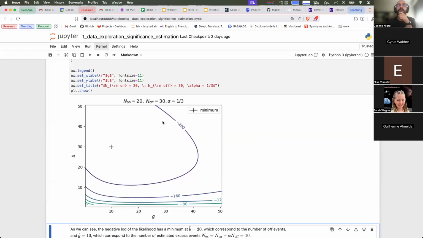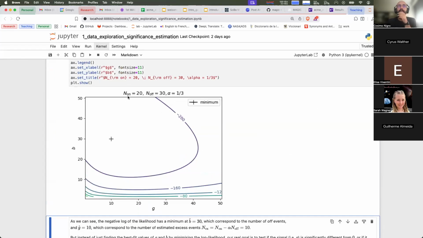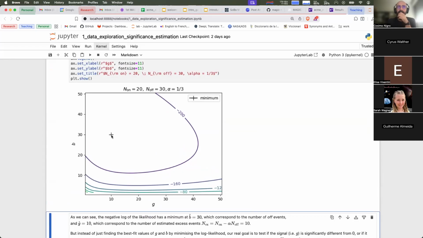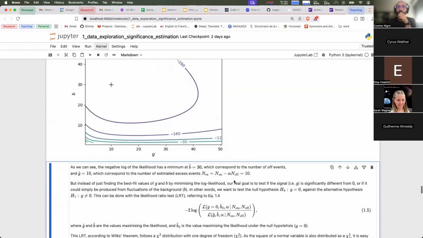Sorry, there is a typo here. And the on is at 20. So the value of G that minimizes the likelihood is at basically 10. What is this 10? Well, basically it is the on minus alpha times off, right? It is the signal that we counted in the on region minus the number of signal that we counted in the off region scaled with the appropriate scale factor, okay?